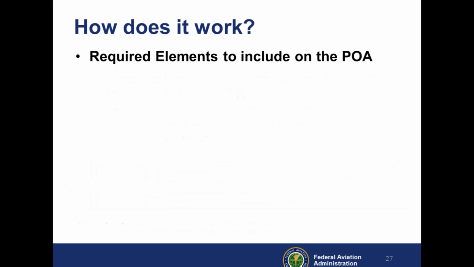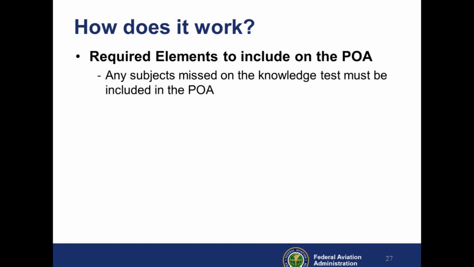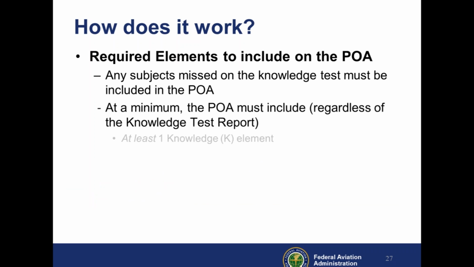Now we're continuing on with the other elements that must be in the plan of action. We've already said this one: any subject missed on the knowledge test must be included. The next rule says, at a minimum, the plan of action must include at least one knowledge element.